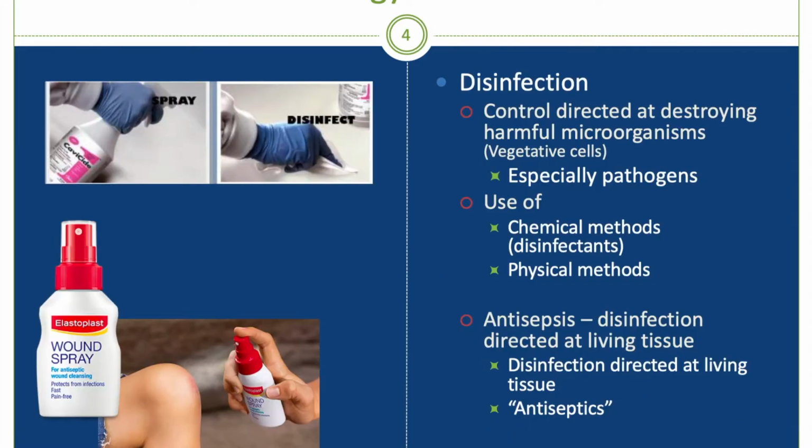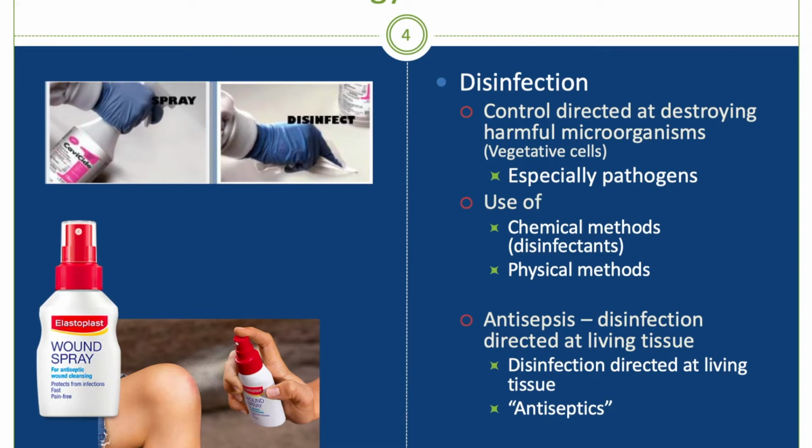Then there's disinfection. That's control that is directed at destroying the vegetative cells, only the harmful cells, especially of pathogens. And so we use chemicals and we use physical methods as well. And then there is antisepsis. So antisepsis is disinfection of living tissue.